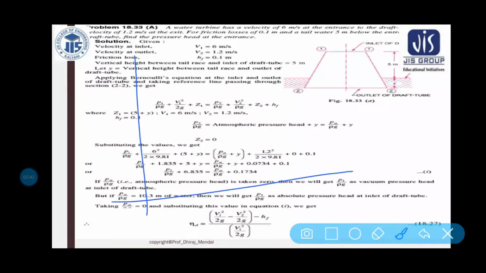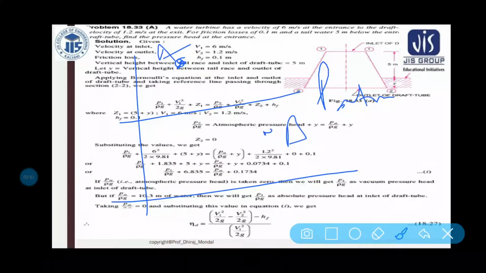So what is the relation between absolute pressure, gauge pressure and vacuum pressure? Again I am discussing this pressure relation. Here basically this is your atmospheric pressure, and let us consider point A and point B. So absolute pressure P absolute at point A is up to this much, and this is your gauge pressure.